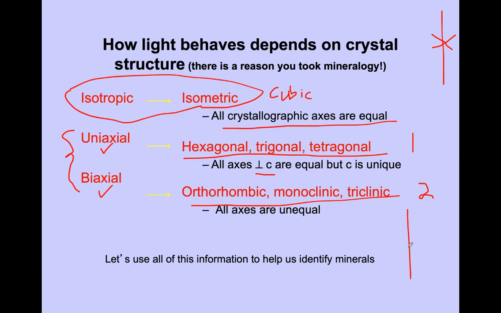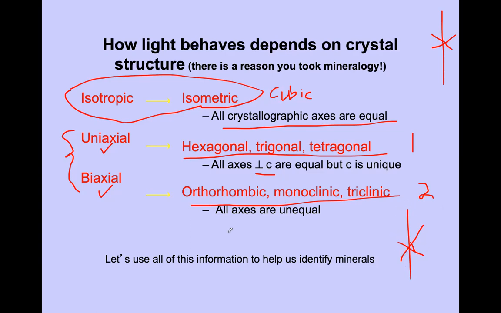They have different orientations, some inclined, not 90 degrees. They also have different sizes, so these axes are not equal. So they have two optic axes because of the nature of their physical habit of having different crystallographic axes.